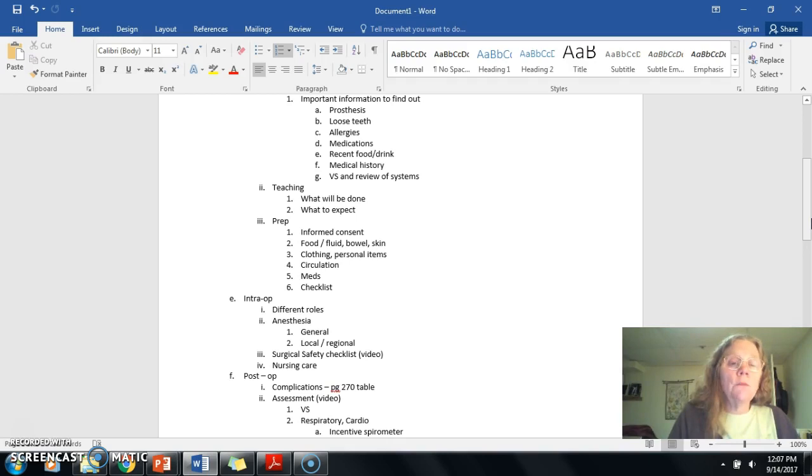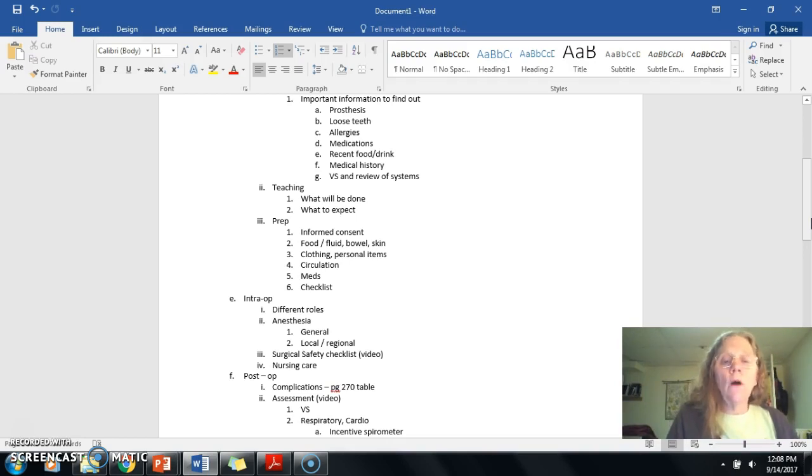There are also very specific activities that nurses are responsible for in terms of preparing the patient for the surgery. There is always a requirement to have an informed consent signed, and it is the nurse's responsibility to make sure that's been done.